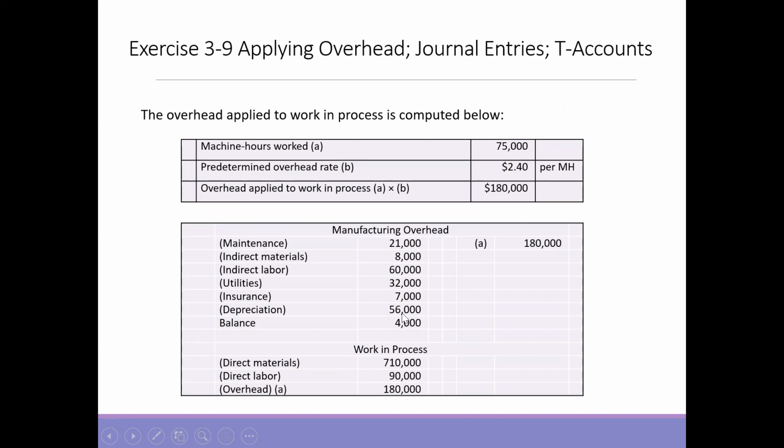So we have 60, 99, 150, 157, 187, should be 188 of actual costs. I'm thinking, let me just try it again. That's what I got. Then if we applied 180, that means we underapplied 8,000, right?